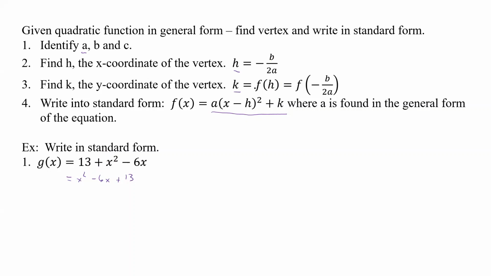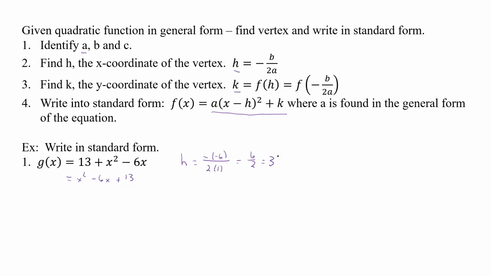All right, so what are we going to do first? Well, we have to find what is h. Well, h is going to be minus b, which is minus negative 6, all over 2 times a, which is 1. And so minus negative 6 is 6 over 2, and so that gives us a 3.